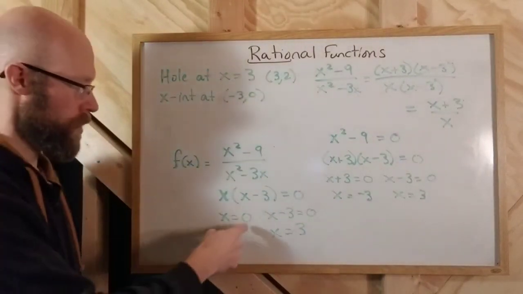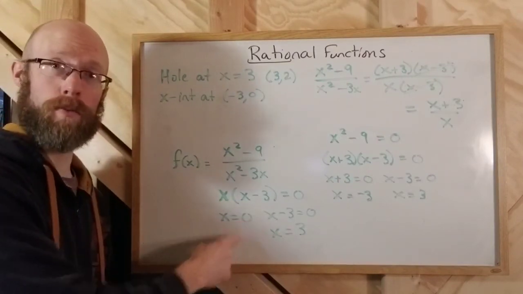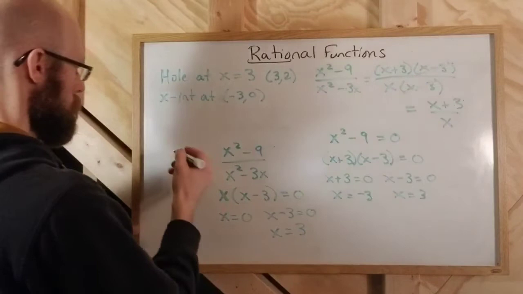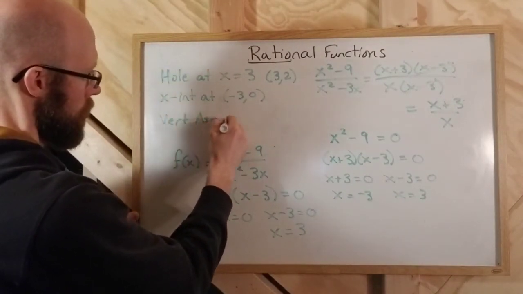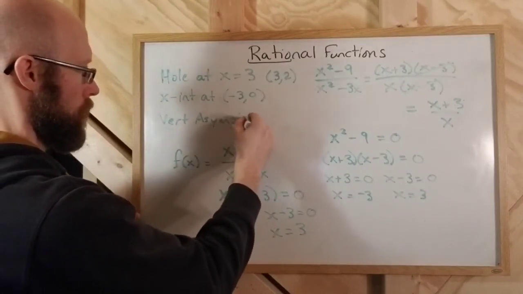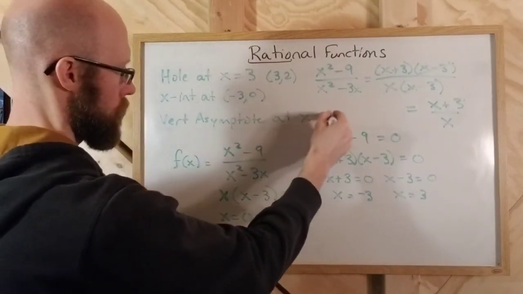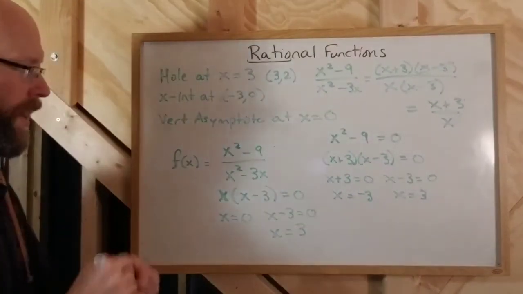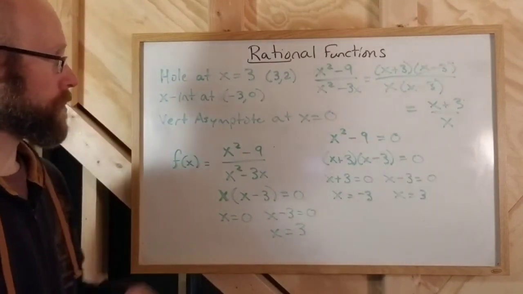And I know that the numbers that are zeros of the denominator only, which is 0, will be a vertical asymptote. So I'm going to get a vertical asymptote at x equals 0. So that would be the y-axis again. That gives me quite a bit of information.